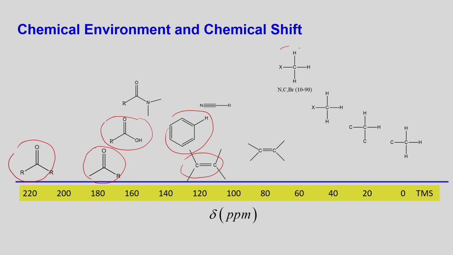Then you have the electronegative atoms lying between, as I told you, 40 to 80, or sometimes they call it 10 to 90. Then you have the sp, sp3, sp2 lined up here as before, as with proton nuclei. So, you should know all this.